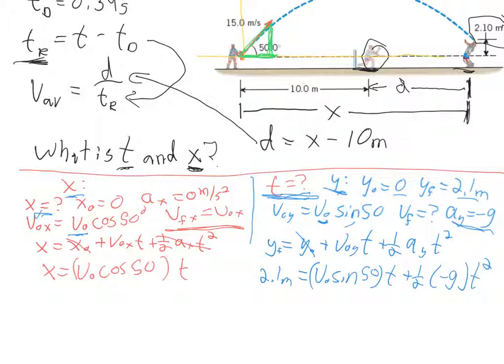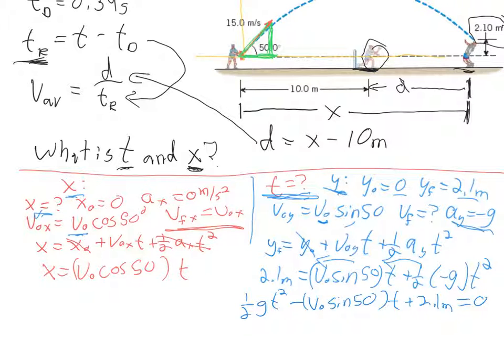So I'm going to rewrite this equation, moving everything over to the left side of the equation. So the negative 1/2 gt squared becomes a positive 1/2 gt squared. Then the v initial becomes negative, so negative v initial sine of 50 times time, and then plus the 2.1 meters, and that's all equal to 0.